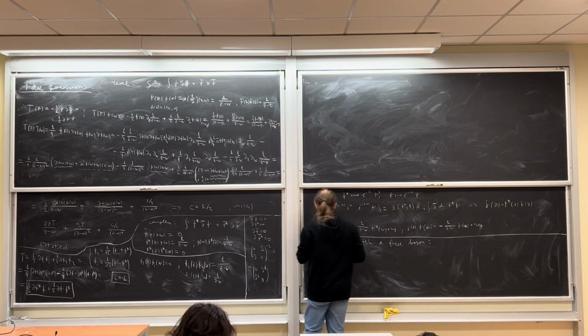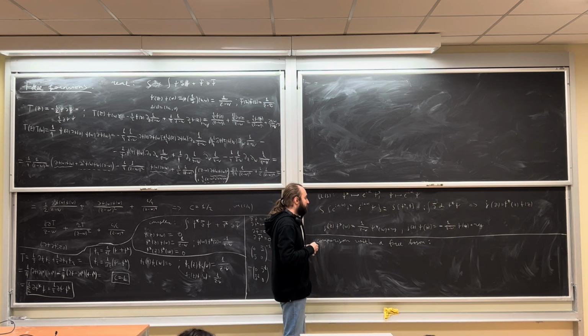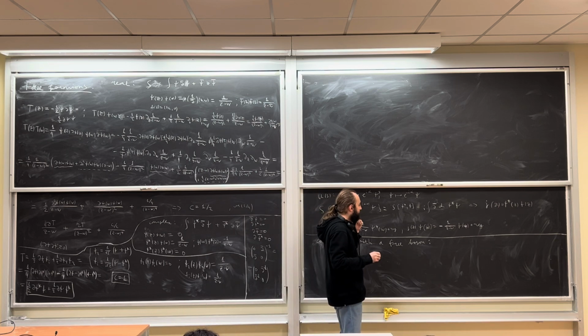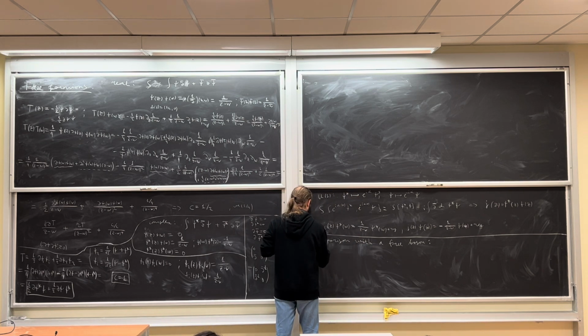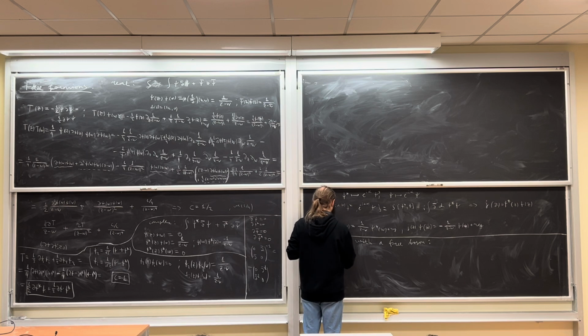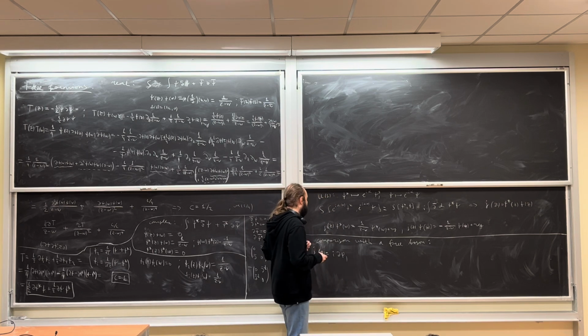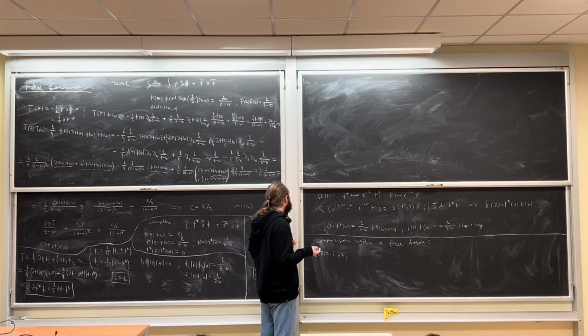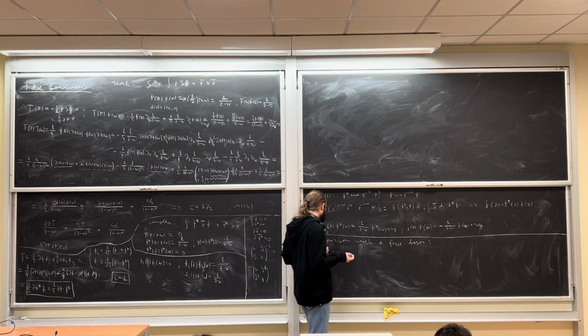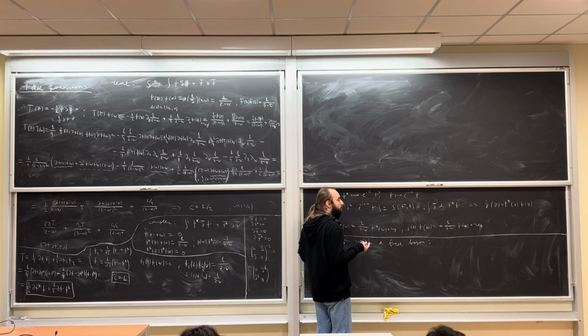In the case of free boson, we had a charge J bosonic which was I d phi.